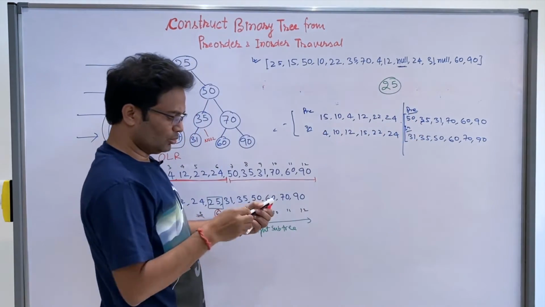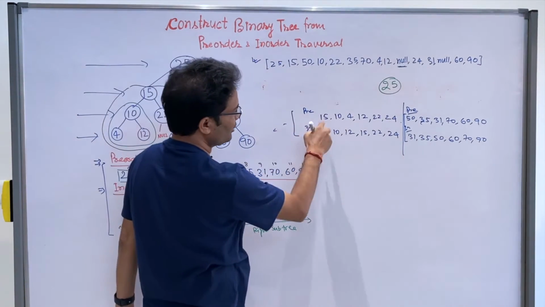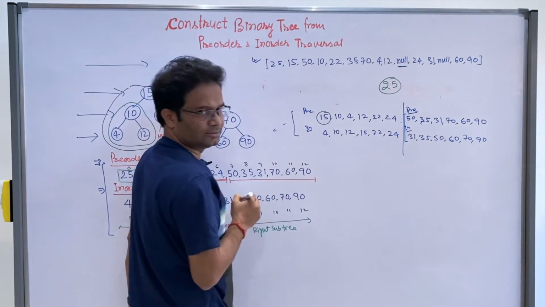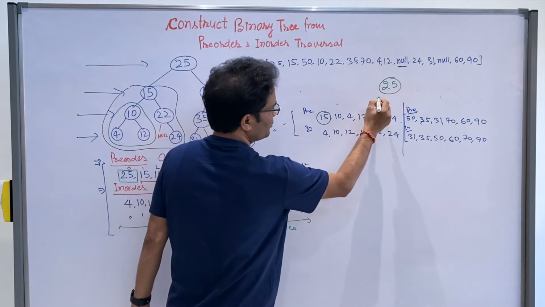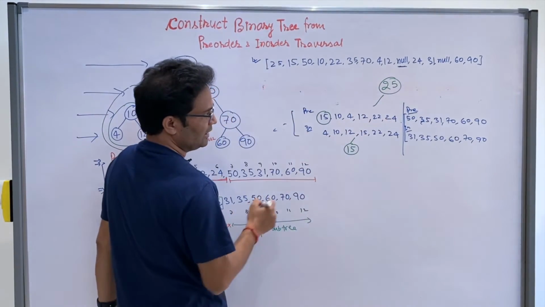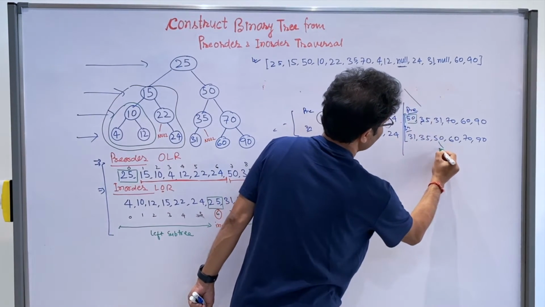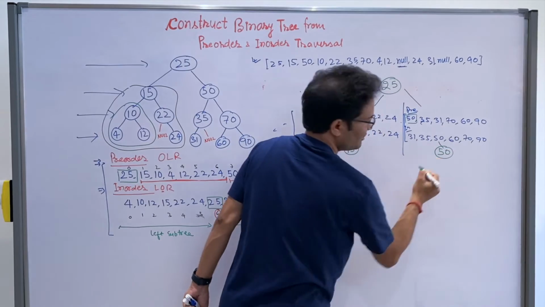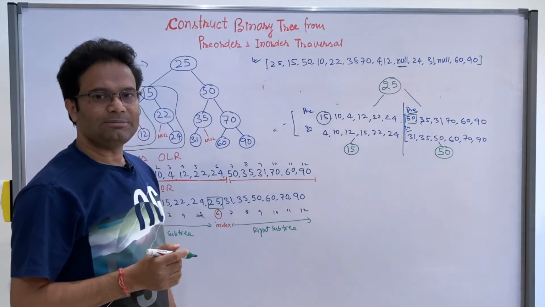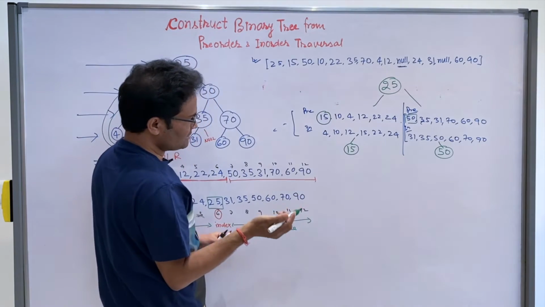And as you know, the first element of the pre-order is always our root. So definitely from 25, our root is 15. And in this case, this is our root element. Of course, after 25, 50 is our next subtree root, right? And we have to do the same thing.